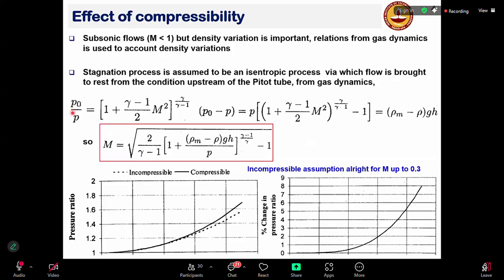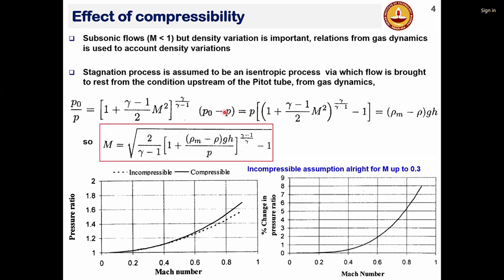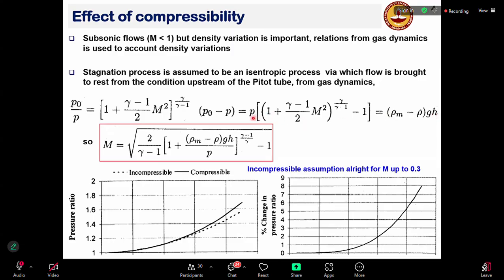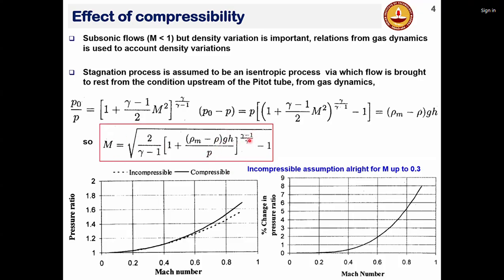So basically from here, you could show that if you want to find out M, you have to take P into the right hand side, and then M would become the square root of 2 by gamma minus 1 into [1 + (rho m minus rho) divided by P into g into h] to the power gamma minus 1 over gamma, minus 1.